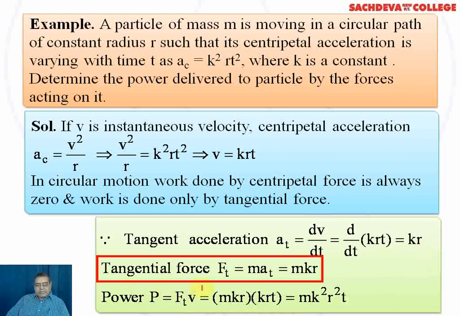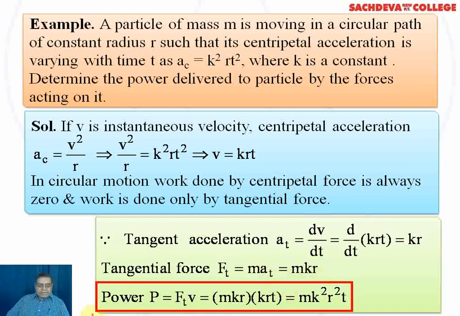Tangential force F_t will be mass into acceleration. The acceleration will be the tangential acceleration, which we have already calculated as k r, and the mass is m. So the tangential force is m k r.